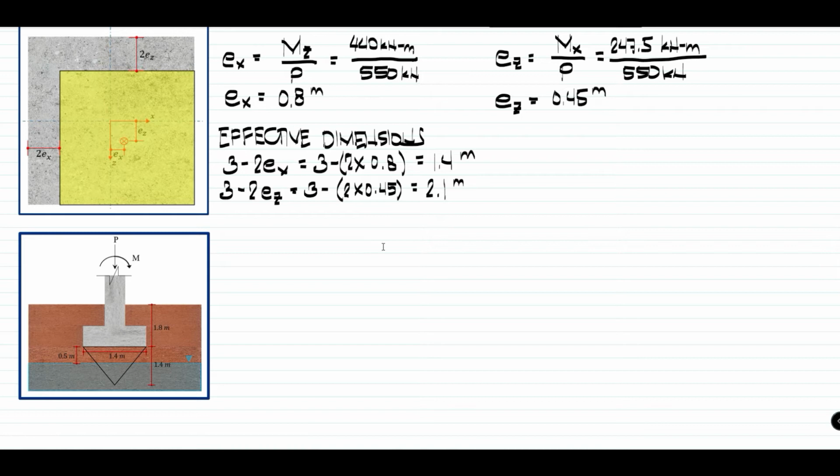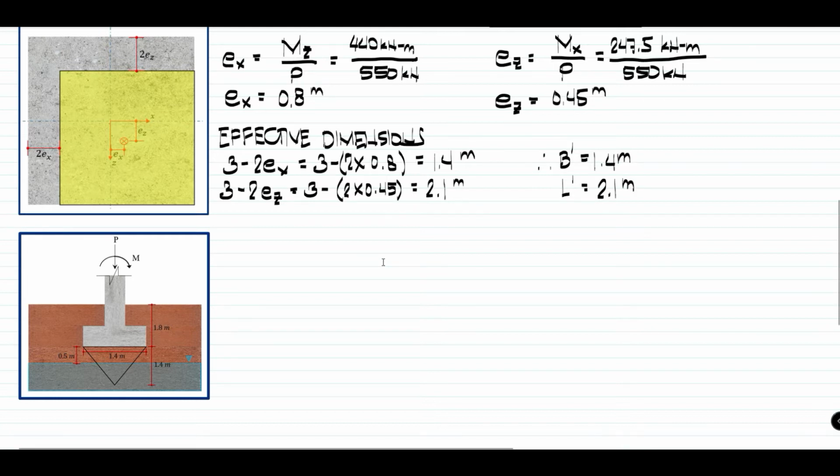So, ngayon na na-determine na natin yung ating effective dimensions, we can now conclude whatever is B prime and whatever is L prime. So, whichever is lesser of the two values will be B prime and the other one will be L prime. So, therefore, from this calculation, we can conclude that B prime is equal to 1.4 meters and yung L prime natin will just be equivalent to 2.1 meters.